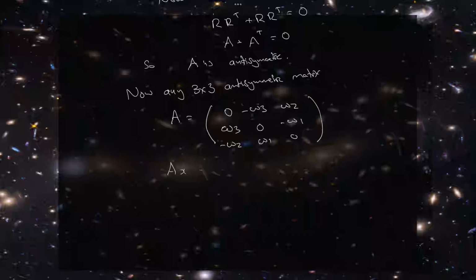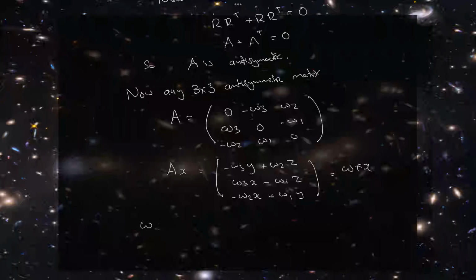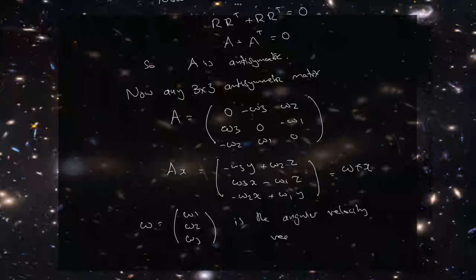And then Ax would be equal to (minus omega 3 y plus omega 2 z, omega 3 x minus omega 1 z, minus omega 2 x plus omega 1 y), which is omega cross x, where omega, which is (omega 1, omega 2, omega 3), is the angular velocity vector.